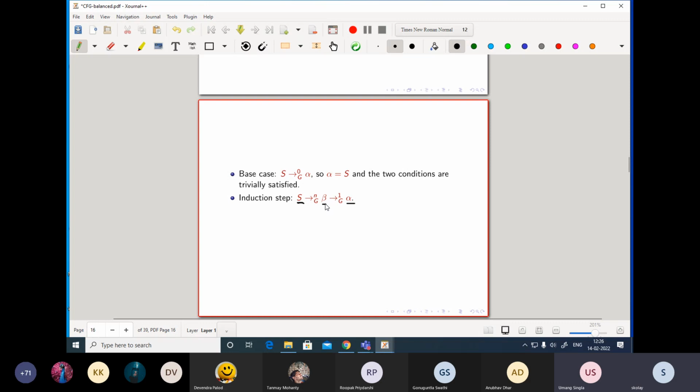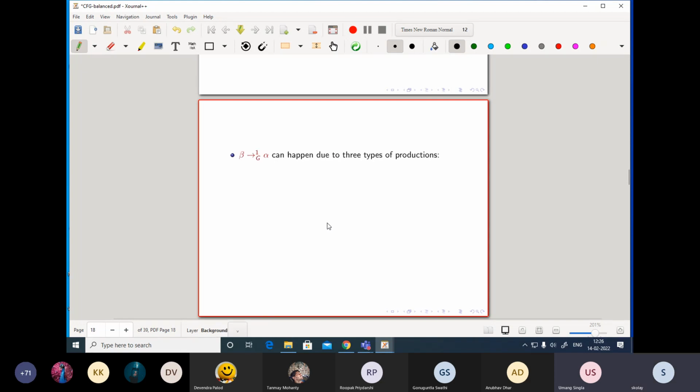And then beta in one step derives alpha. By induction hypothesis, notice that the number of steps to derive beta is less than the number of steps to derive alpha, so beta satisfies 1 and 2. Now let's concentrate on what happens in this last step of derivation from beta to alpha.